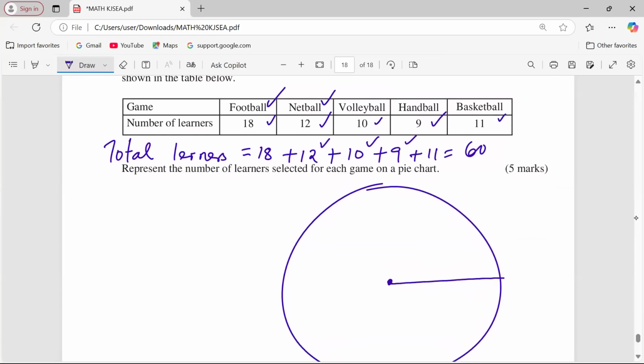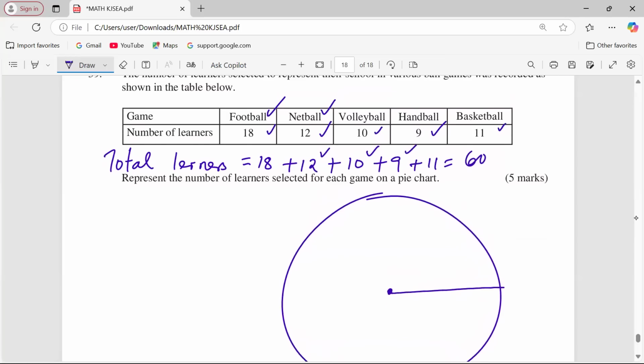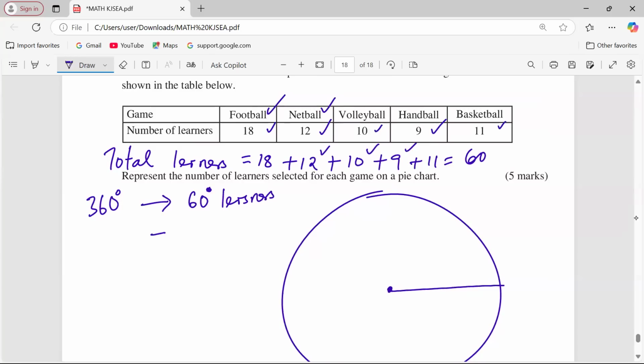The 60 learners are the ones to fit in the whole circle, so 60 learners will represent the whole 360 degrees at the center. What about the 18 learners on football?